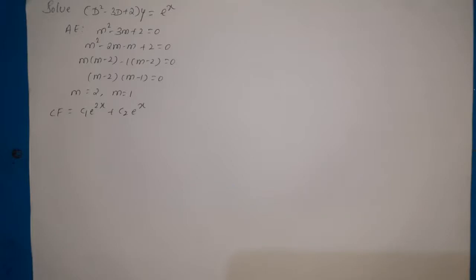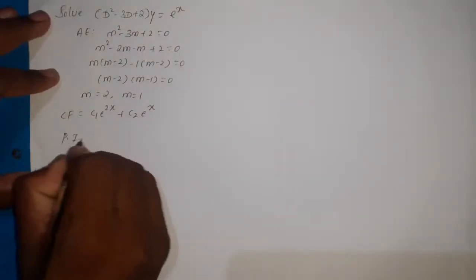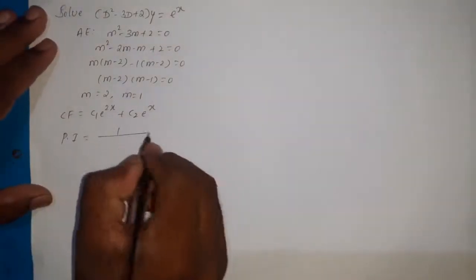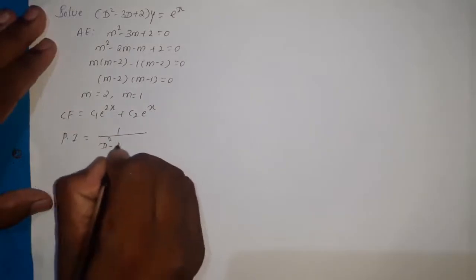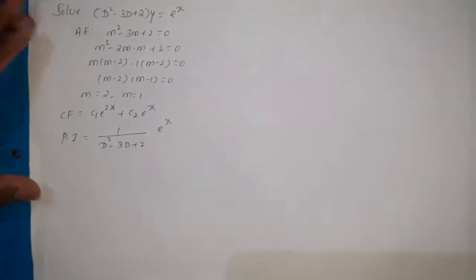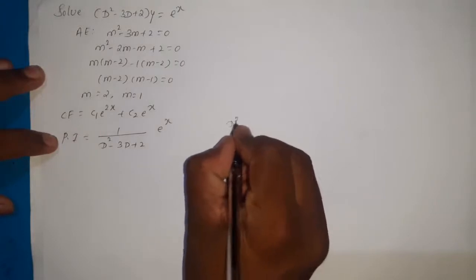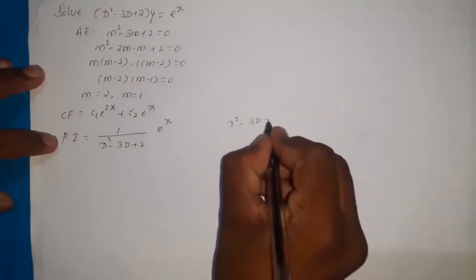And now let us find the particular integral. Here the particular integral is equal to 1 by f of D, that is D square minus 3D plus 2, into e power x. So 1 by f of D into e power x equals 1 by f of a into e power x. Here f of D is D square minus 3D plus 2.